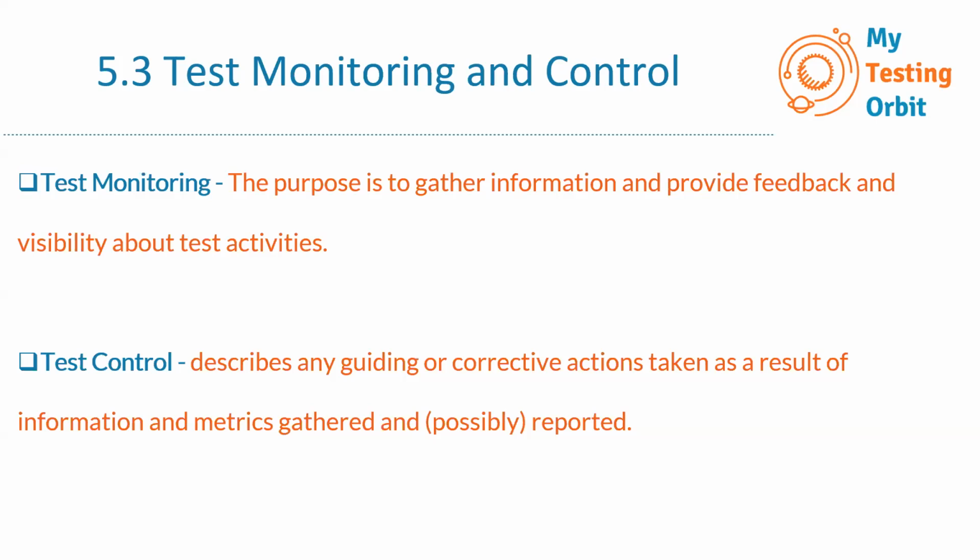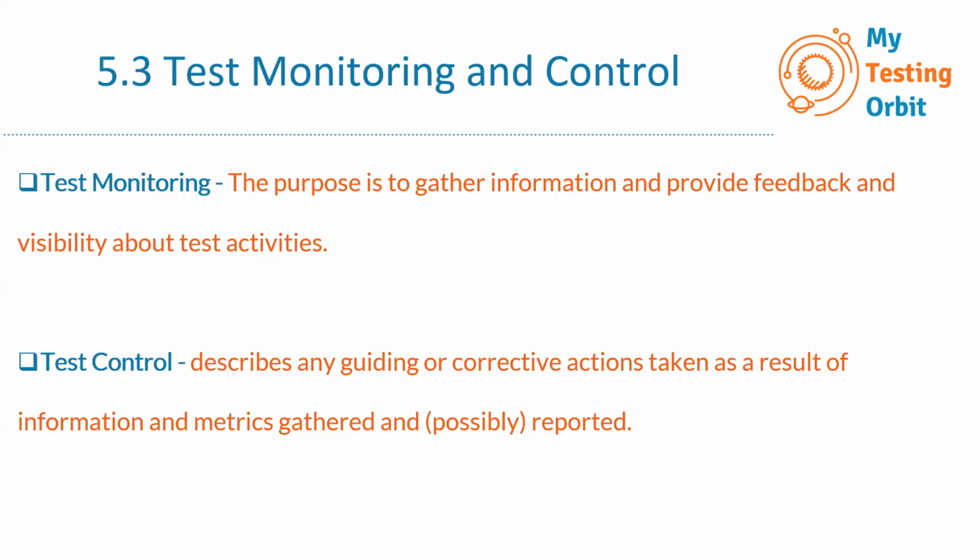It involves gathering of metrics, and with gathering of those metrics, we can measure whether any testing objectives were met or not, for example, exit criteria. These metrics can be either collected manually or automatically.